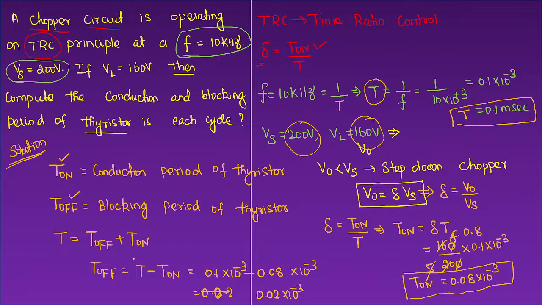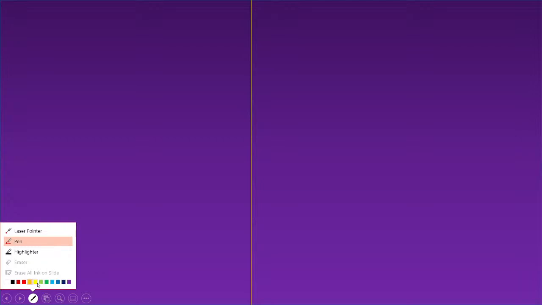So finally, we found that the on time, that is the conduction period of the thyristor, is 0.08 into 10 power minus 3, and similarly the off time of the thyristor is 0.02 into 10 power minus 3 seconds. Am I right? I hope both answers are correct.